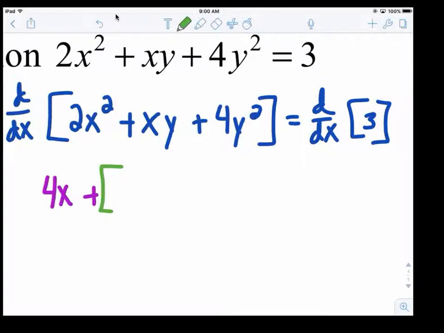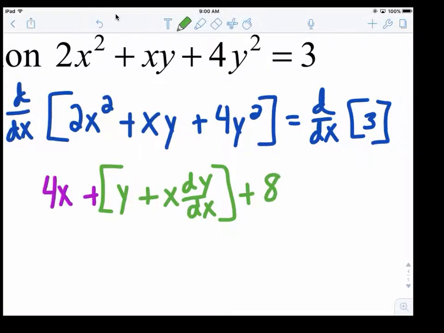So derivative of the first times the second, which would be just y, plus the first times the derivative of the second. Plus the derivative of 4y squared gives me 8y, right, equals 0.